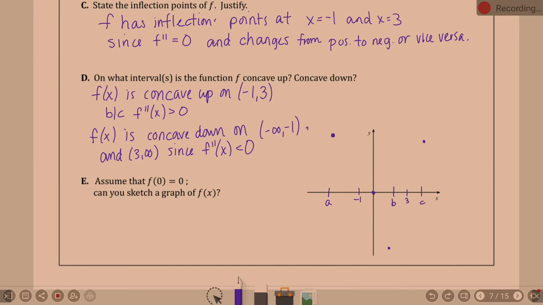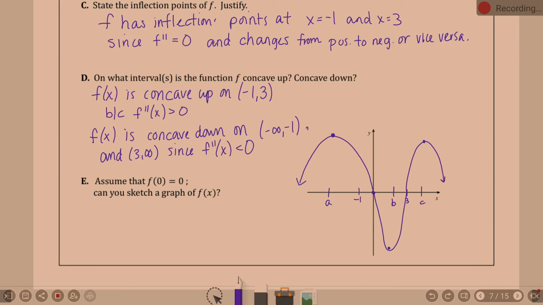So, okay, here we go. Oh, man, I have to erase. I don't know. The thing I struggle with, I don't feel like my inflection points are right. That's my struggle. Same thing happened when I was trying to sketch this out.